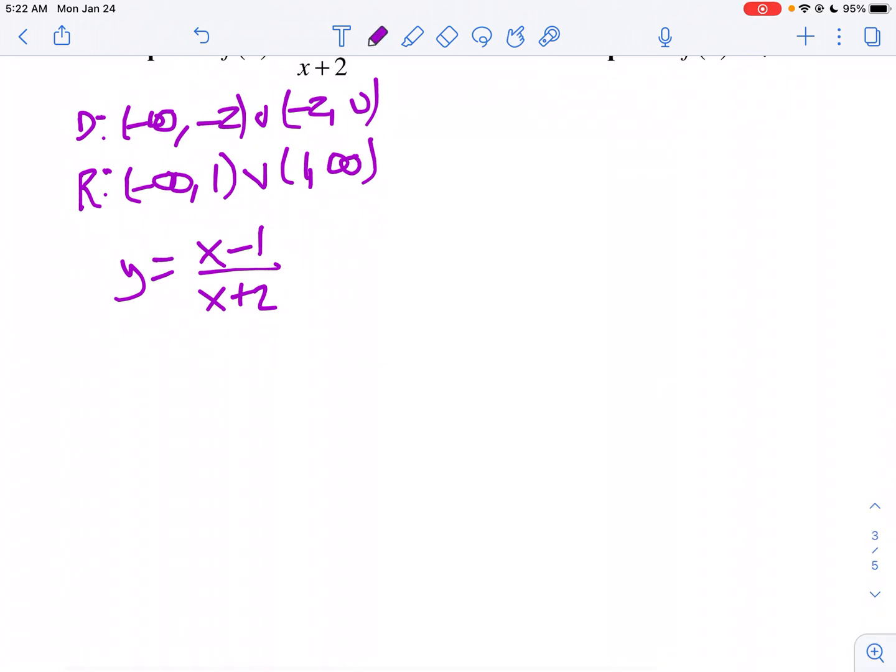So I'm going to say x equals y minus 1 all over y plus 2. Now, I want to solve this equation for y. So to solve this equation for y, I think what I'll do is I'll multiply both sides by y plus 2.